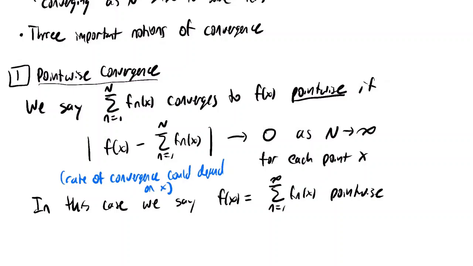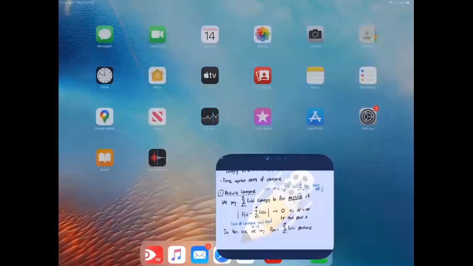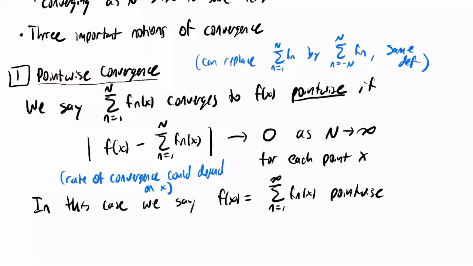Right, and so this is also true if instead I replace the sum from n equals 1 to capital N of fn by the sum from n equals minus N to N of fn. It's the same definition, right? And so this is true for all of the definitions that we'll be working with below.